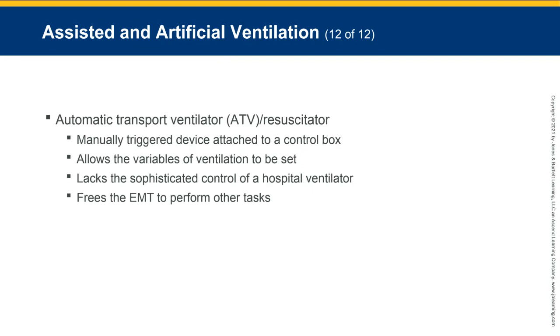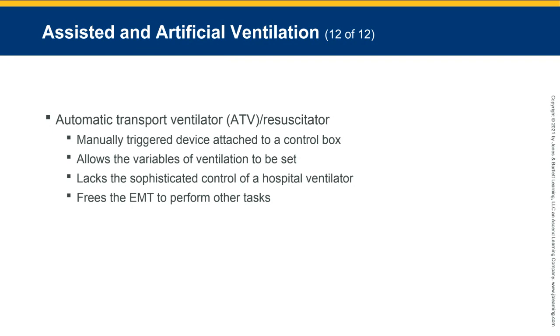Now, automatic transport ventilators or resuscitators are not commonly used in the pre-hospital setting. You'll see these types of devices more commonly used in critical care transport, or critical care transport by ambulance. So it's a manually triggered device attached to a control box.